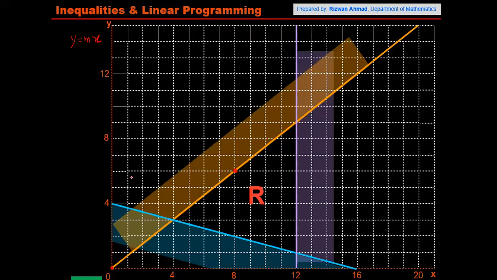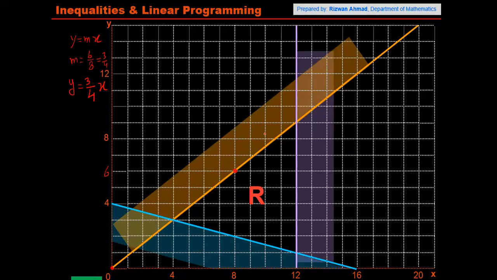So 6 is the rise and 8 is the run, so 6 over 8. So the gradient is 6 over 8 or 3 over 4. So it means we can say that y is equal to 3 over 4 x is the equation for this yellow line.